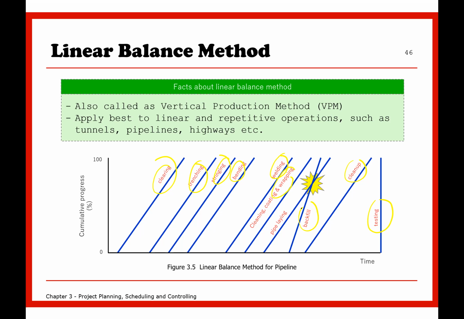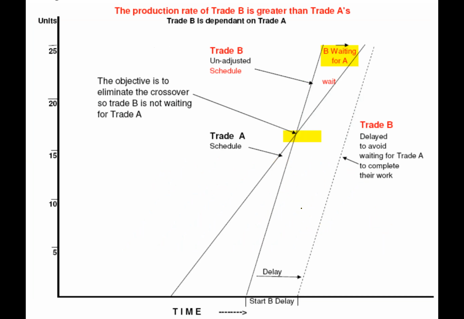So if you continue with that rate, you would do the backfilling even before pipe laying, which is not logical, isn't it? So sometimes you need to adjust. You shift, you delay the start of activity B, so that you wait for all the pipe laying to be completed, and only then do you do the backfilling.